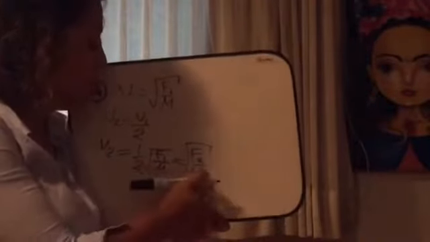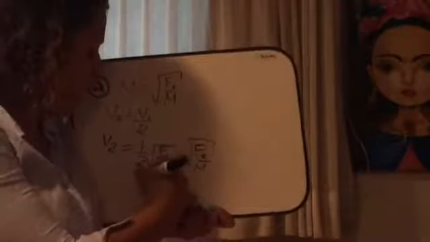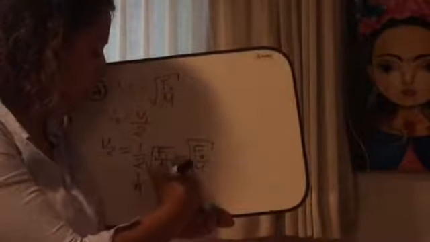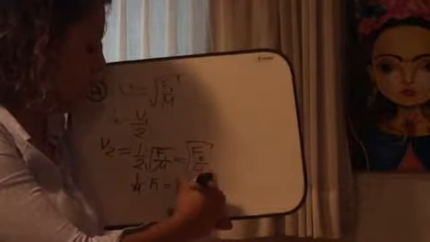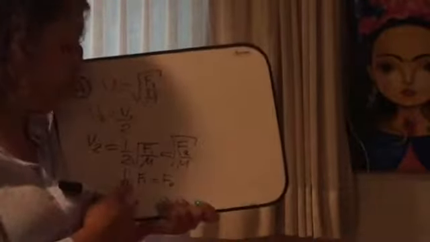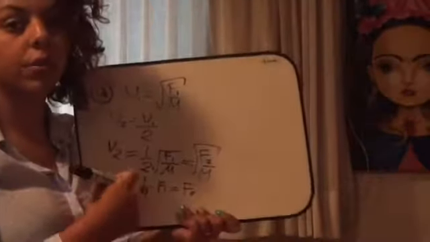So we can raise everything to the square, and we get that 1/4 of F1, and mu goes away, equals F2. So this means it should be decreased by a factor of 4, which means that you should divide this force by 4 in order to obtain the velocity we are asked for. So that's question A.